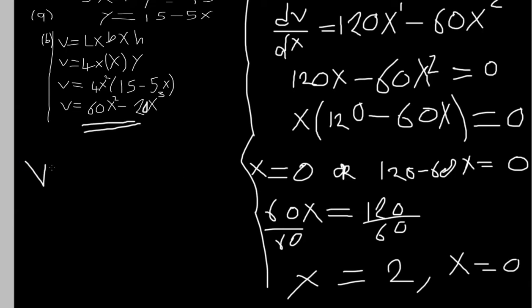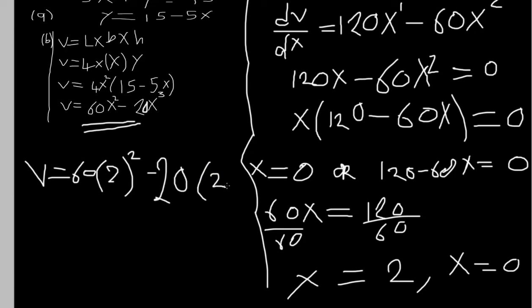So the volume will be 60 open brackets, then I'll put the 2 there, squared, minus 20, then I'll open brackets, and then I'll put my 2 there, to the power 3.